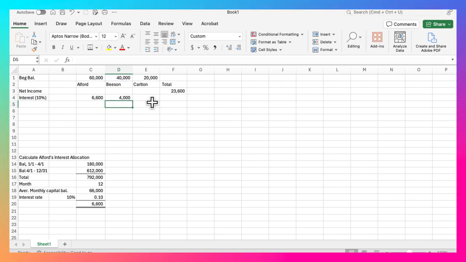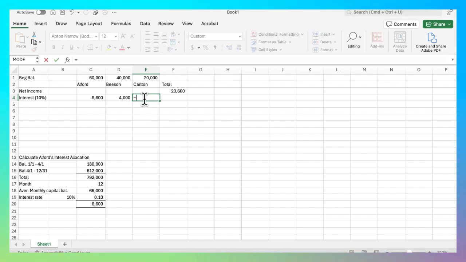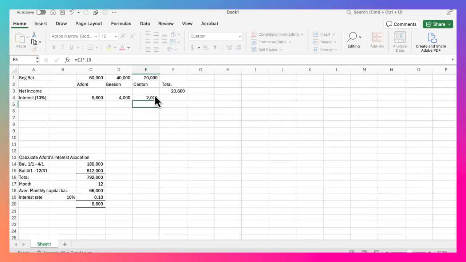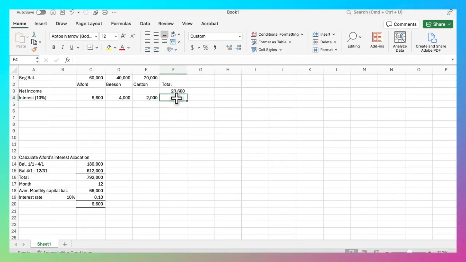We get 4,000. Then we do the same thing for Carlton, whose capital balance did not change throughout the year. We take the balance of 20,000 and multiply that by 10%. We get 2,000.